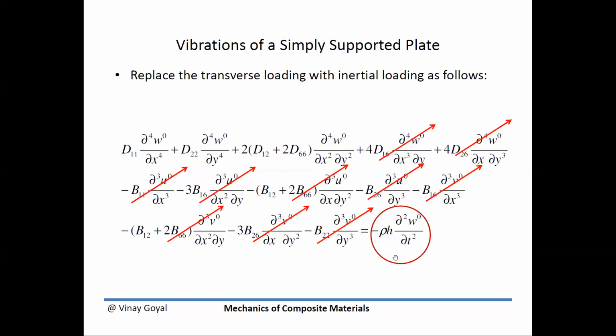You can see here that this is very similar to a mass times acceleration, and that this term here represents the deflection through the thickness, but the time derivative of that twice, which really represents the acceleration in that direction. In addition to that, h represents the thickness and rho is the density. And so by doing so, we have basically stated the dynamic problem for a composite structure.